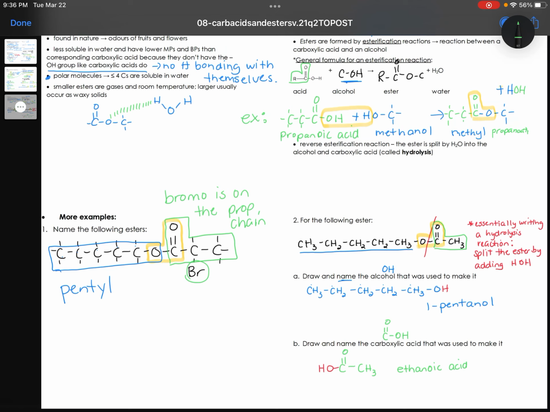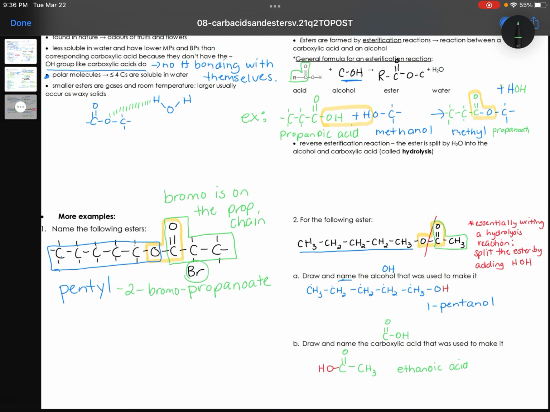So when you write the bromine, we're going to put it in front of the propanoate part because it's on the propane side, on the 3-carbon side. It's not on the 5-carbon side. So when you write it like that, pentyl 2-bromopropanoate, then it's showing on the propanoate there is a bromine on carbon 2.